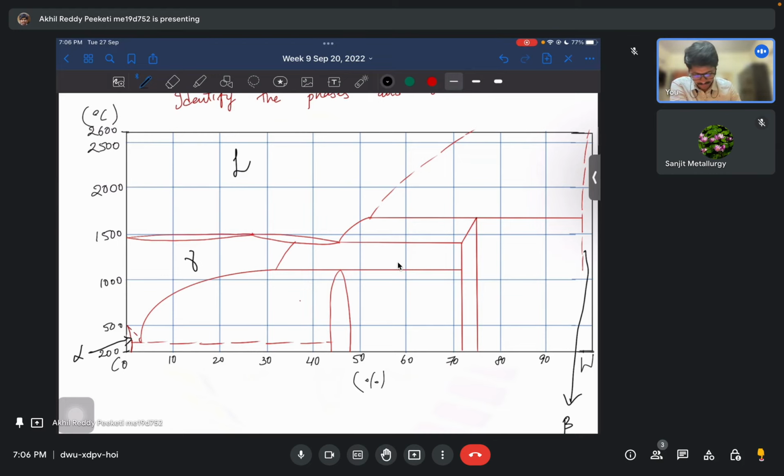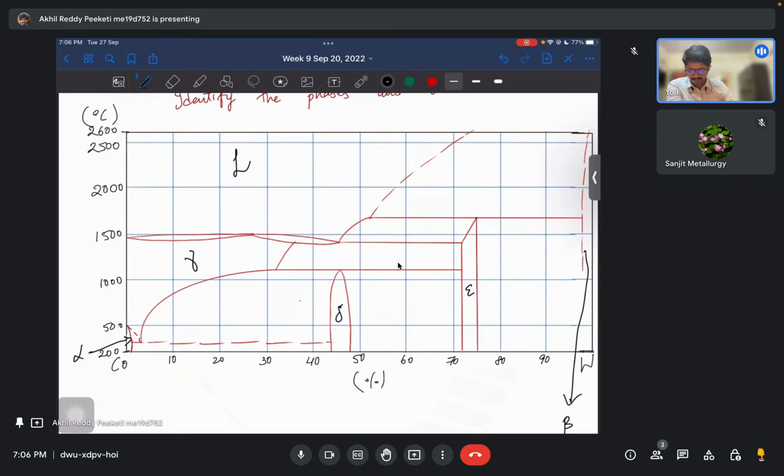So this one we can denote as delta, and here we have epsilon. Okay. So first we can identify the initial phases like this. First the extremities, and then the middle. So when liquid is solidifying, there will be solid solution phases starting, and then only at specific combinations you have special phases that exist.